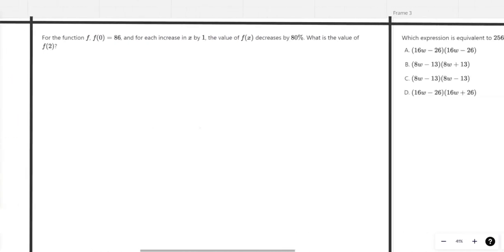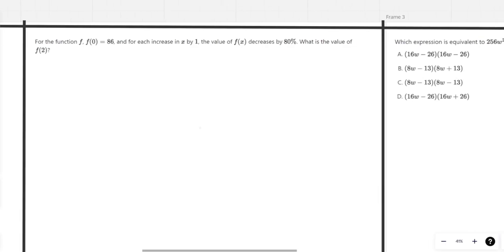All right. Next one here is a nice little math functions question. For the function f of 0 equals 86, and for each increase in x by 1, the value f of x decreases by 80%. What's the value of f of 2? Okay, so if we have f of 0 equals 86, we want to find f of 2.